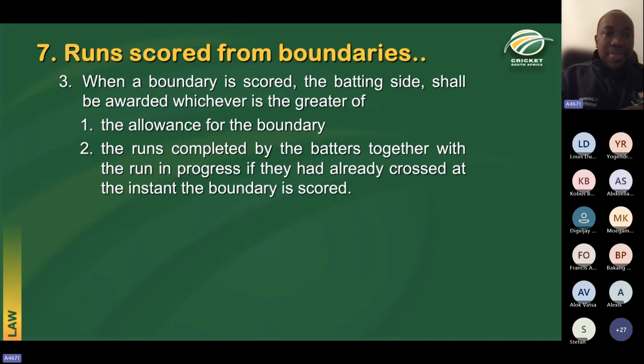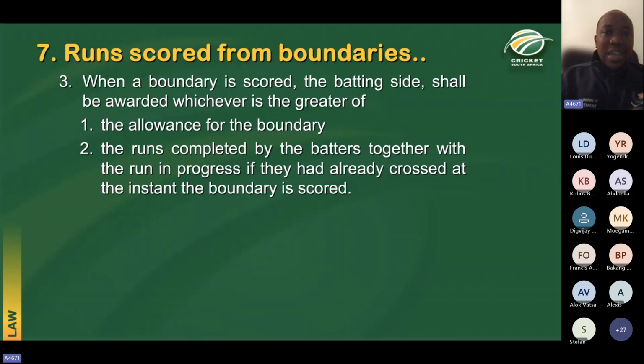So here, what the law tells us is, in that scenario, because they've crossed for a 5th run, then the batters will be awarded 5 runs, not 4 runs.